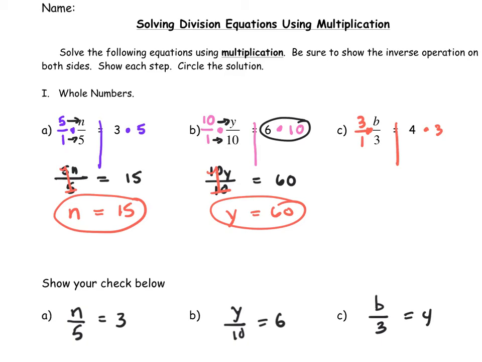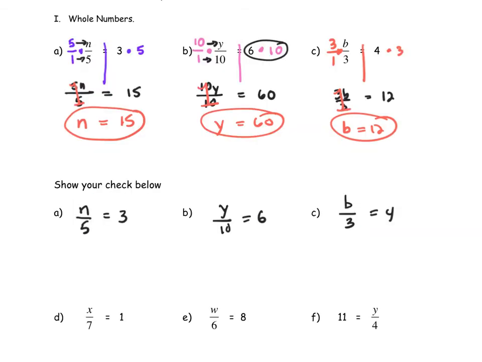So I'm doing the same thing on both sides. This is going to result in 3b divided by 3, and this will result in 12. And then I can use my identity property to say 3 divided by 3 is 1, and 1 times b is b. So b, the answer, is 12.